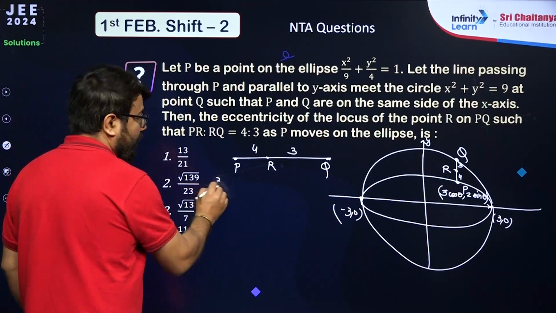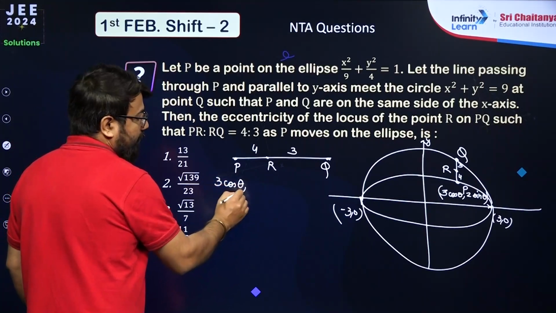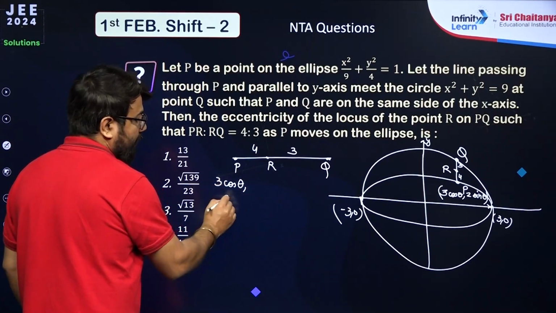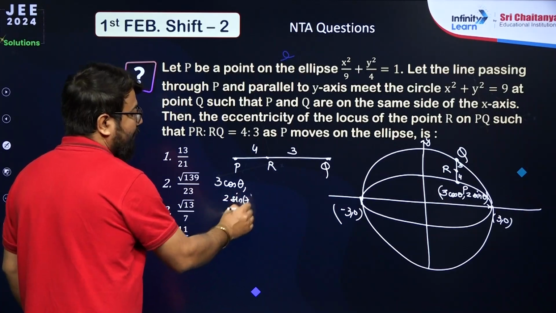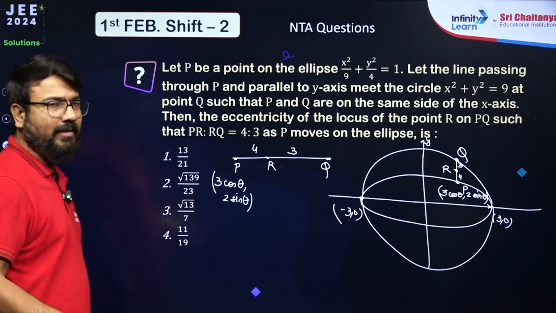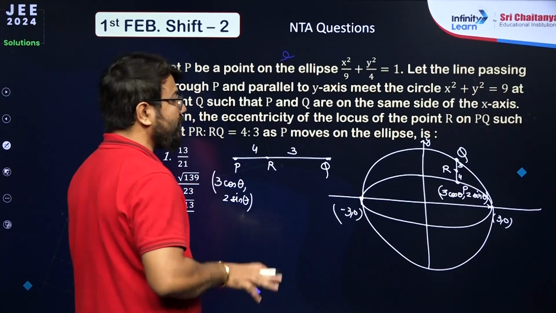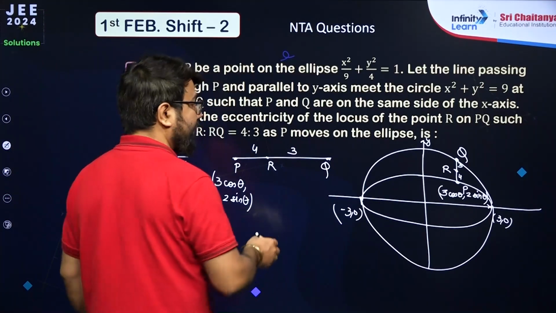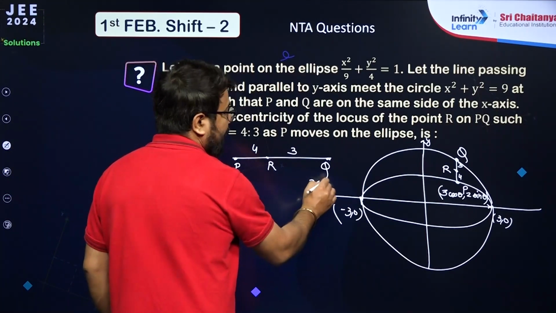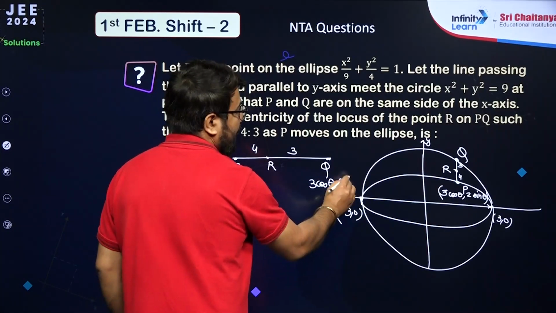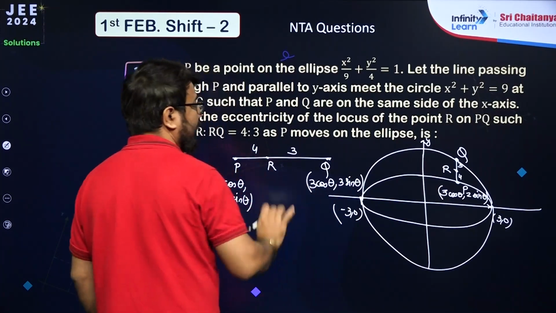P has coordinates 3 cos theta, 2 sin theta. So this is the parametric coordinate of the ellipse a cos theta, b sin theta. And Q is on the auxiliary circle, so it will have 3 cos theta, 3 sin theta. The circle radius is actually 3, r cos theta, r sin theta.